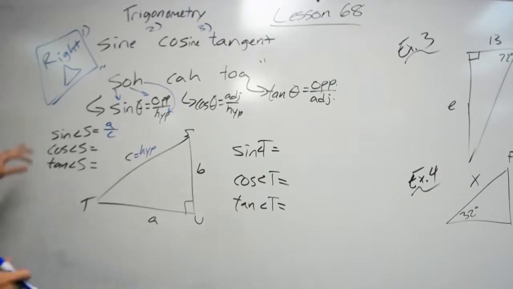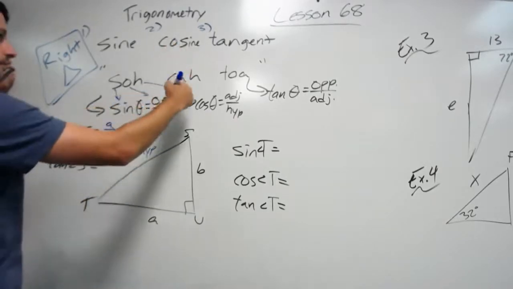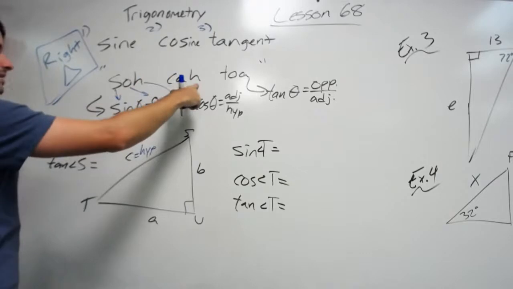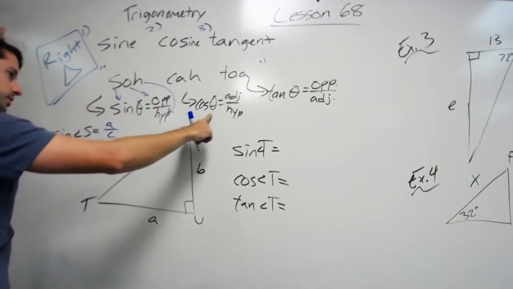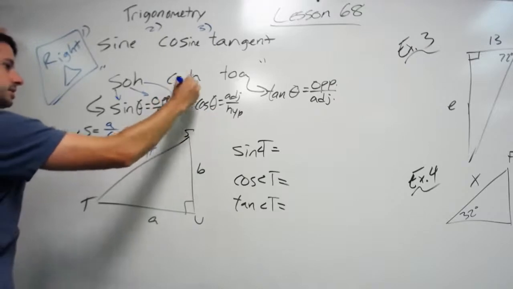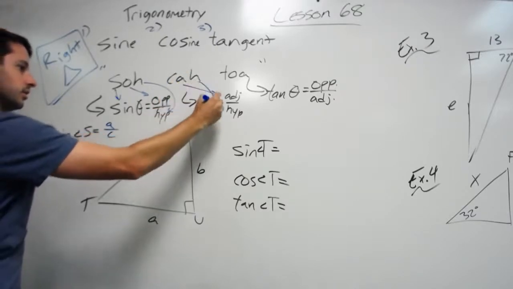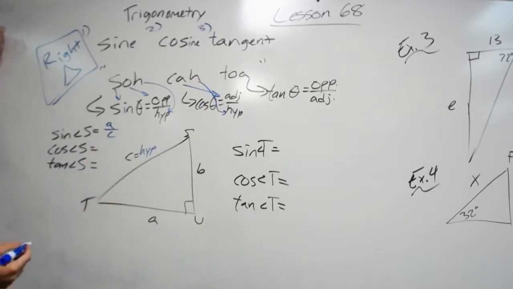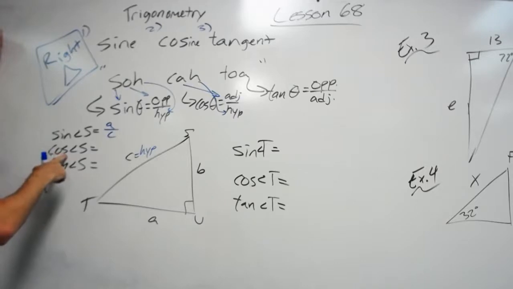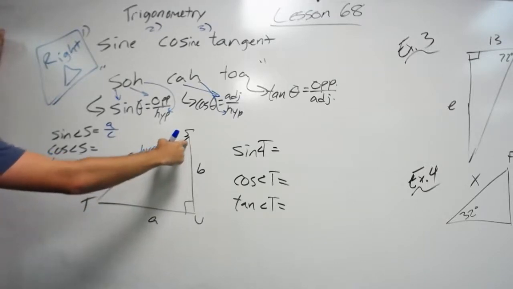But anyways, let's get to cosine, or CAH. CAH stands for cosine of theta, where theta refers to our starting point, equals A, adjacent, that's a new one, over hypotenuse. Now what adjacent means is next to. So if we said cosine of angle S, cosine of angle S would be adjacent.